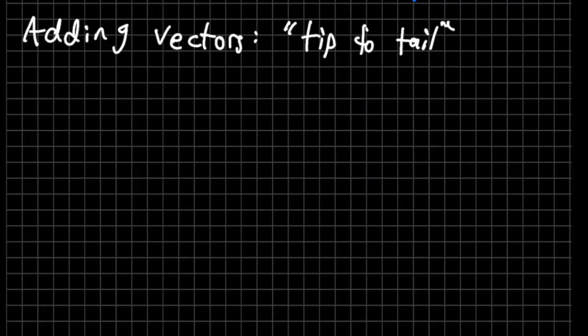And what this looks like is if we have a vector v, maybe v starts here at our origin and then goes to the right 4. And we have another vector u, and maybe u starts that same spot but goes up and to the right 2.